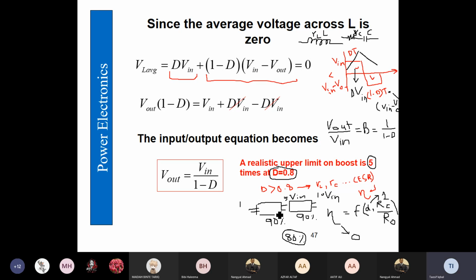But if we try to achieve 10 gain, 10 times increase in the voltage within one converter, then the efficiency of a single converter drops.